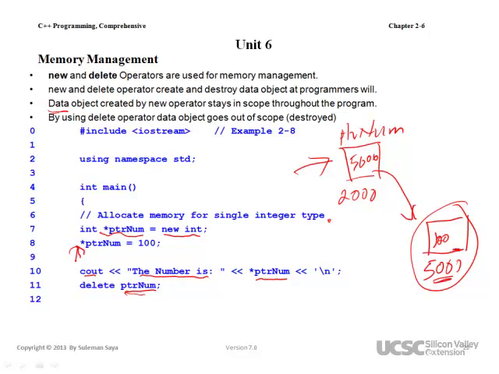So the delete operator will go and remove this data object from the memory.